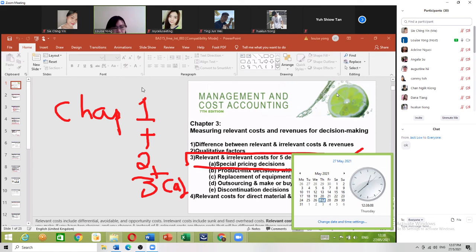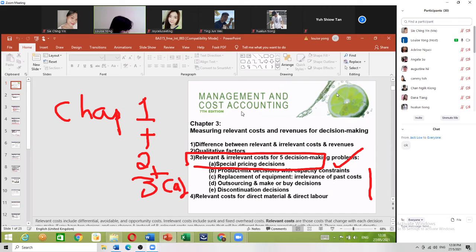Any problem regarding your assignments or regarding which area you want me to repeat or explain to you? Okay, 或者是你的 assignment 找到了吗？Everyone, do you have your group? 对吗？每个人都有自己的 group 了吗？Yeah?